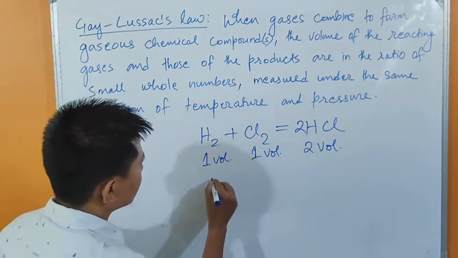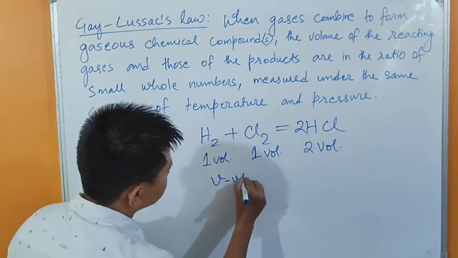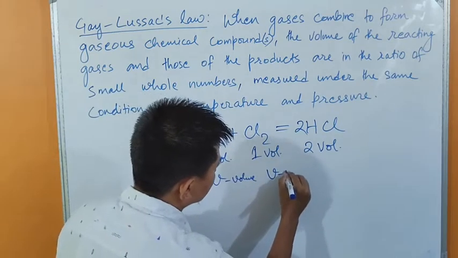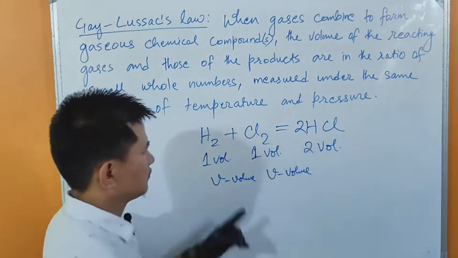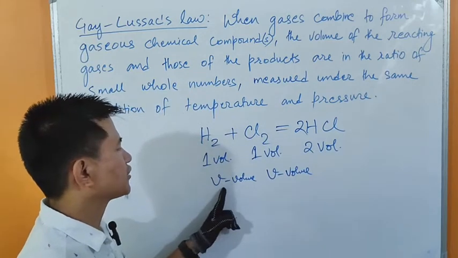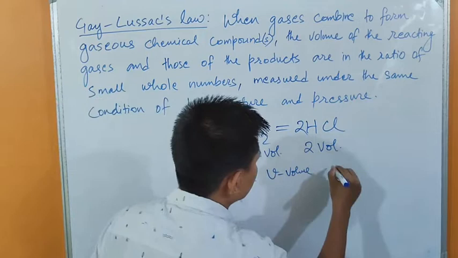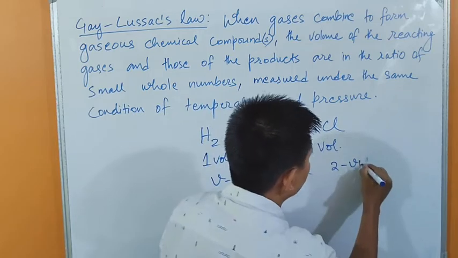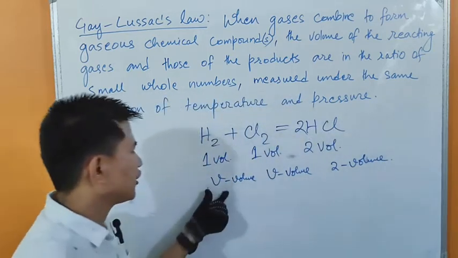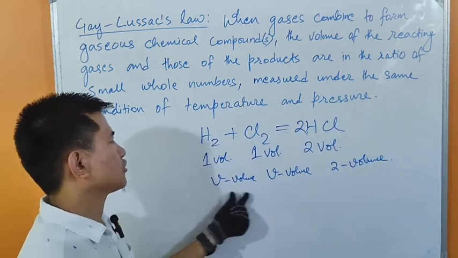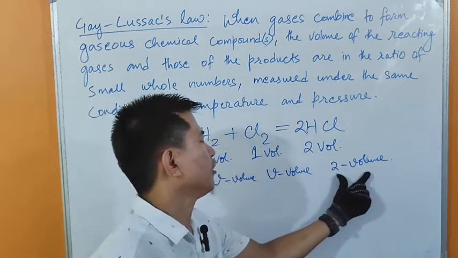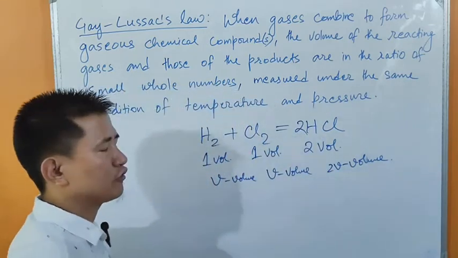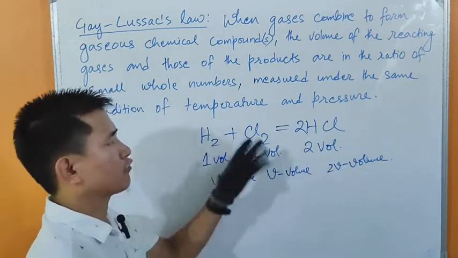Suppose if V volume of H2 reacts with V volume of Cl2, that is, V volume of hydrogen gas reacts with V volume of chlorine gas, then 2V volume of HCl gas is produced, or hydrochloric acid is produced.